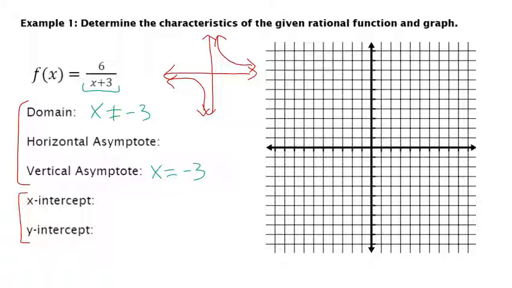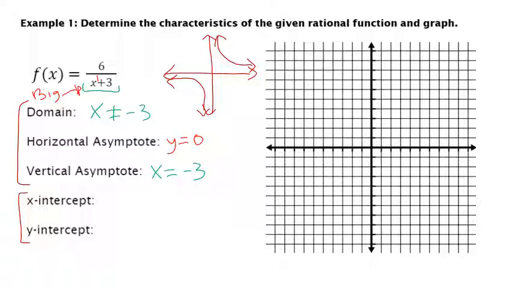Our horizontal asymptote, well, we've got a degree of 0 on the top, a degree of 1 on the bottom, so the bottom is going to get bigger much faster than the top, because the top is going to stay at 6. So the bottom is bigger. So this would be y is equal to 0.